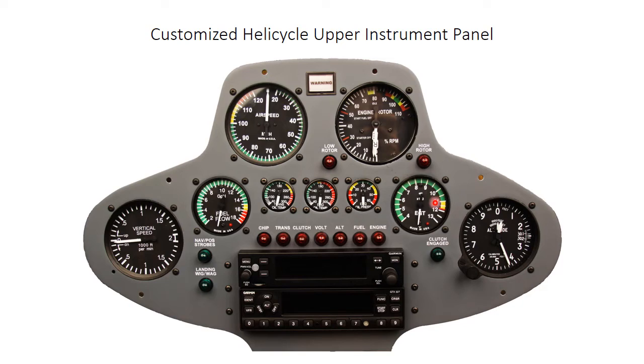From left to right, we have fuel flow, transmission oil temp, engine oil temp, engine oil pressure, and exhaust gas temperature. The larger indicators have internal LEDs.